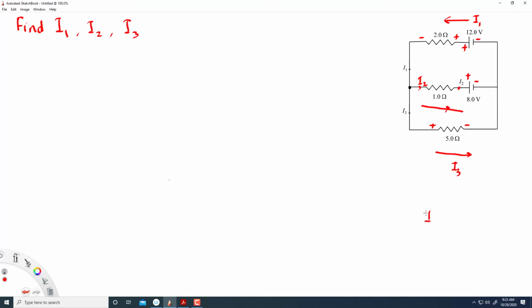If you get I to be positive, that means your chosen direction is correct. If you get I to be negative, then it's just opposite to the correct direction. So if you choose this way for the current, then the entry point is positive and the exit point is negative.